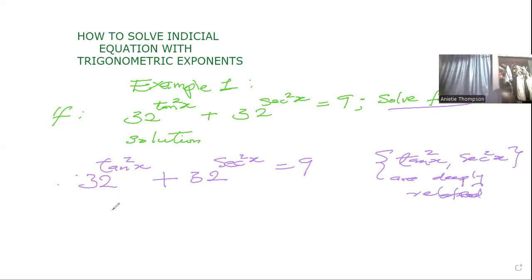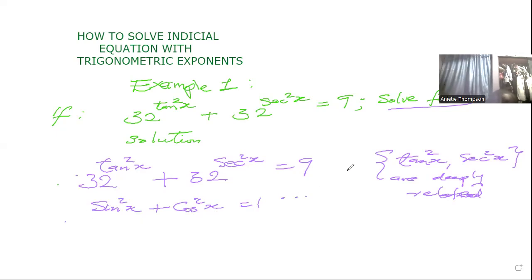So I want to start from the primary trigonometric identity where the whole system starts. We know that sine square x plus cos square x equals 1. Now I'm going to divide all through by cos square x.